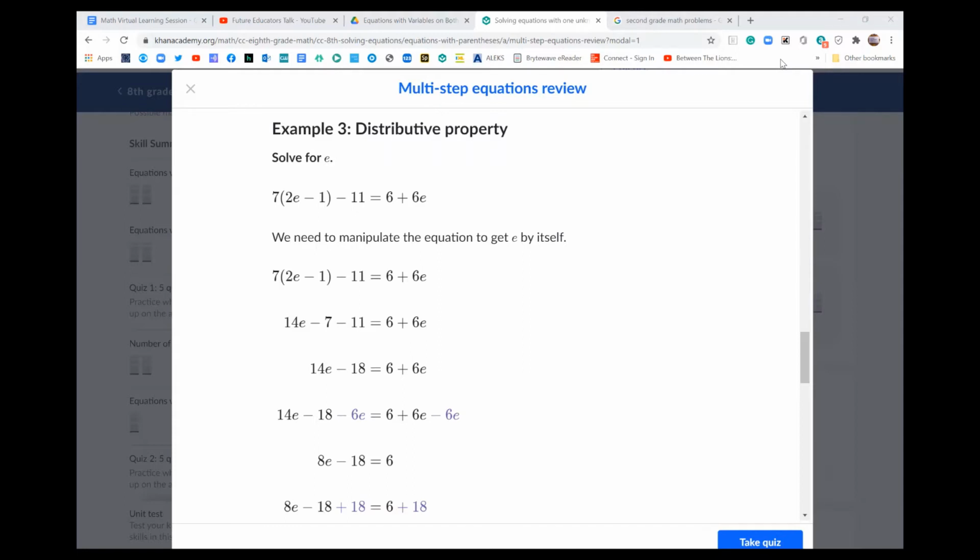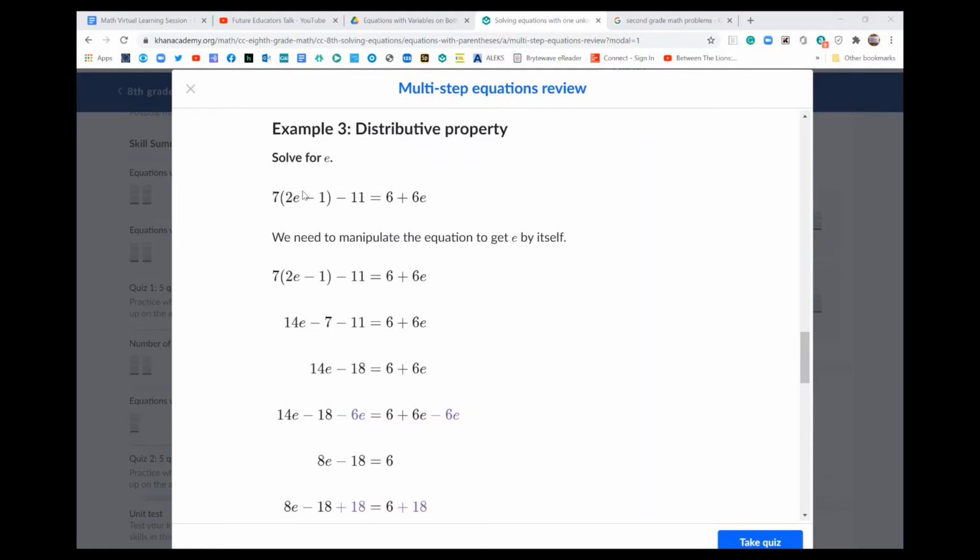As you can see down here, we need to manipulate the equation to get E by itself. So first, you need to distribute wherever you see the parentheses.